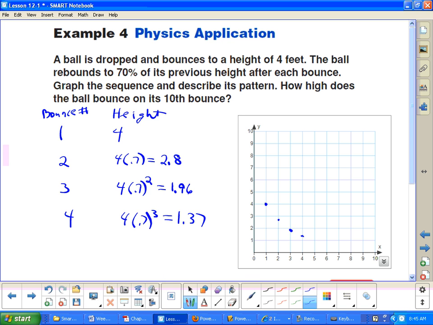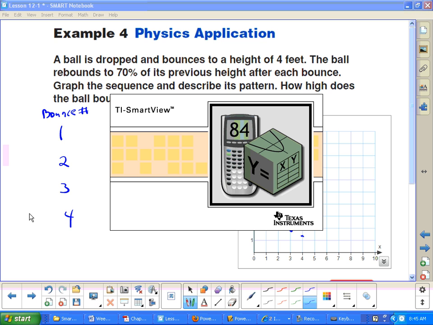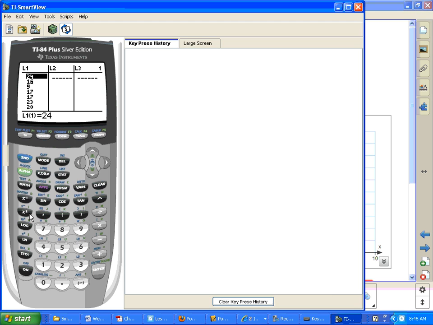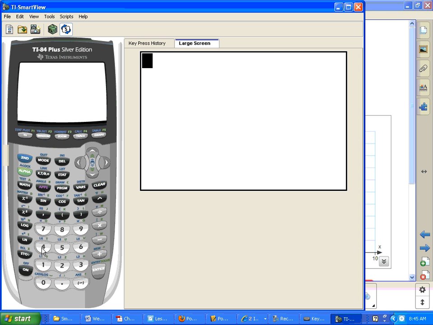And to do that, here's another thing you can do: you can just take your calculator, and in most sequences you can do this. We just start out and put the very first number in there. Okay, the number is 4. And then we're going to multiply that by 0.7, right?